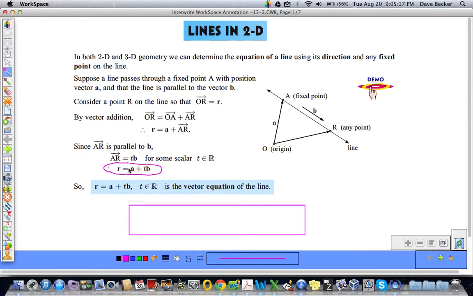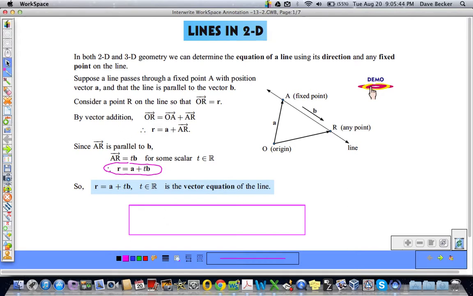A is a known point on the line, and right here that represents this point right here. And then vector B is the directional vector of the line. You can think of that as the slope. And then T is the parameter, and we'll talk about the parameter in just a second.